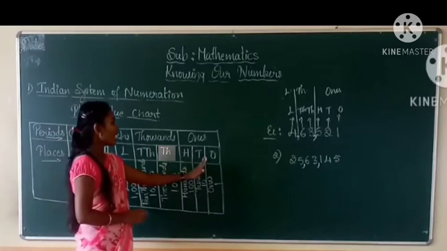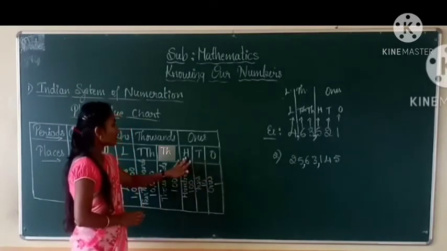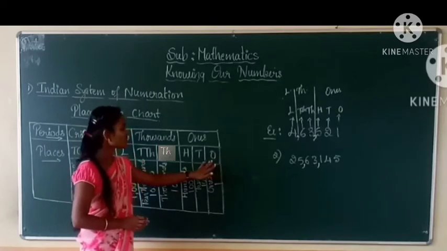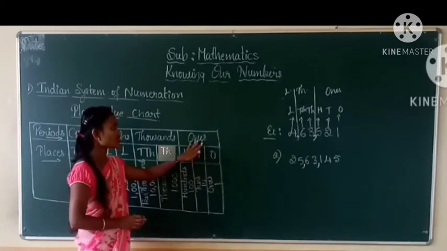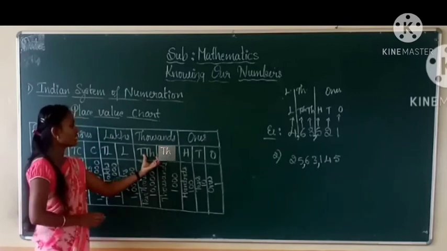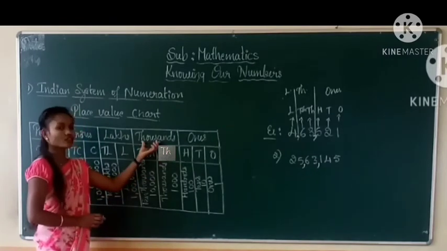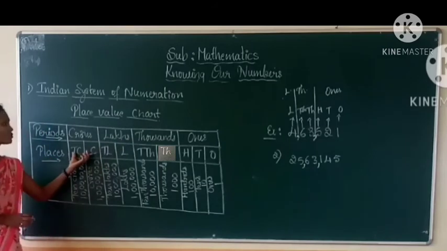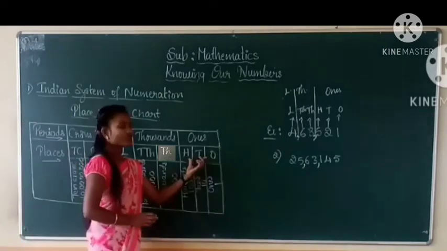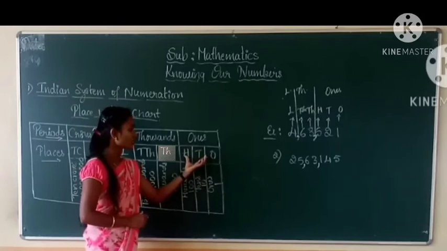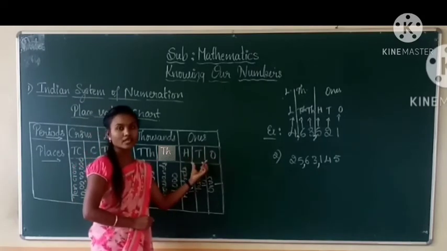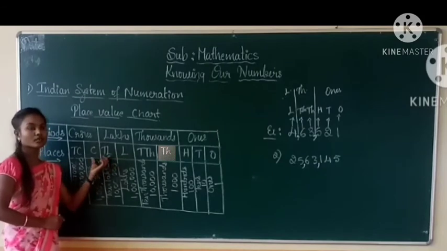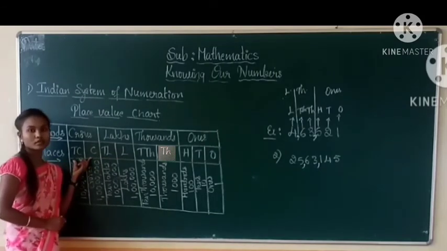The first three places we made as ones period, and the next two places as thousands, the next two places as lakhs, and the next two places as crores. We use the first comma after the three numbers from the right side, and then after every two numbers.